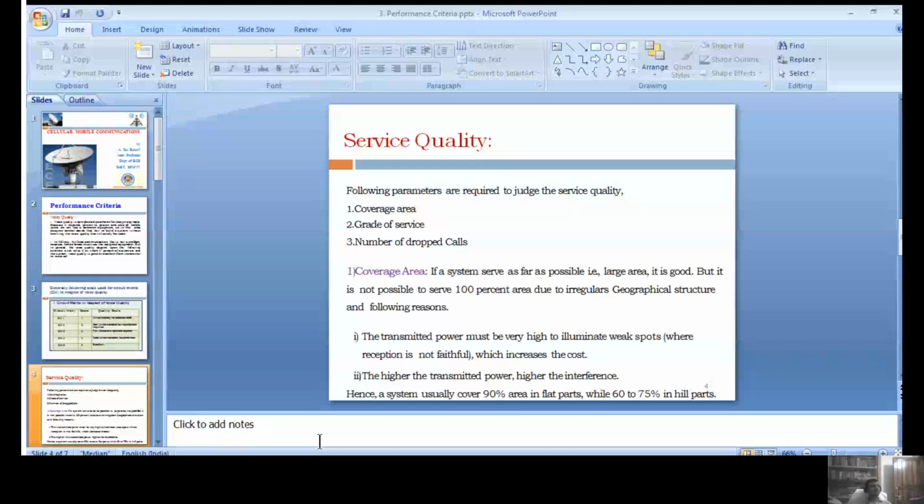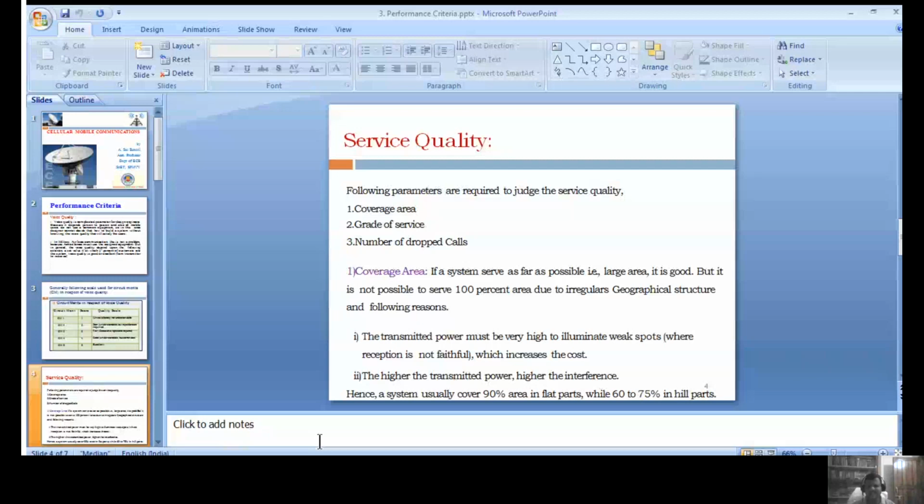Suppose the terrain is flat, then maximum 90% is covered in practice. If there are hills, it covers up to the hills, and after the hills there is no signal, so only 60 to 70% can be covered. So the first factor is coverage area, which depends upon geographical area.